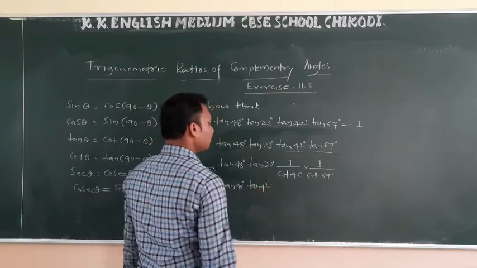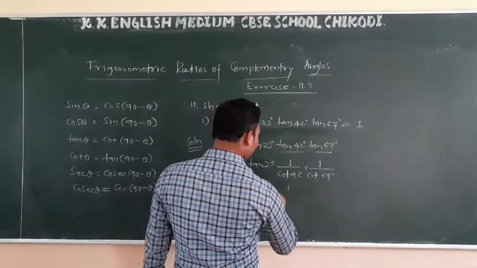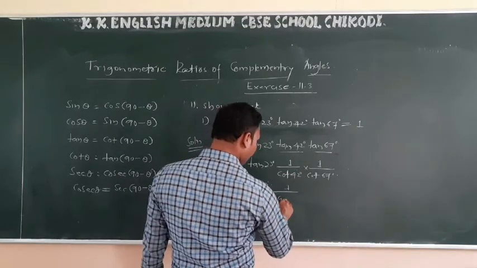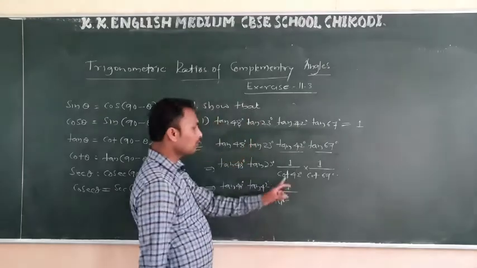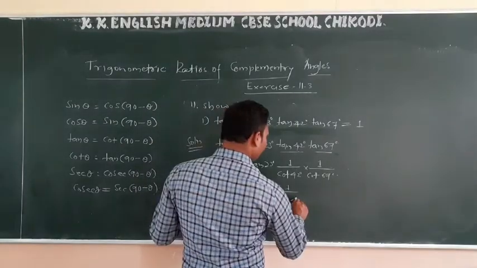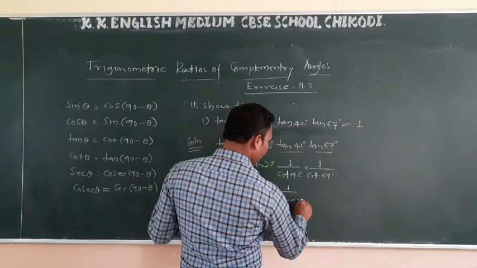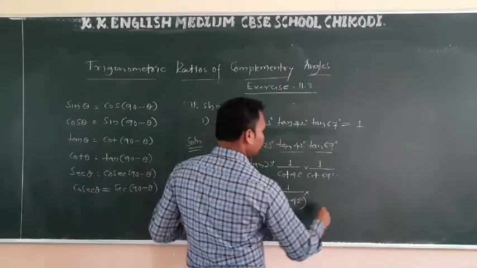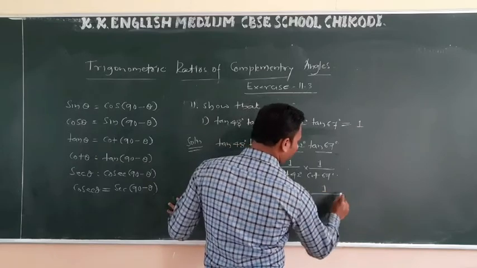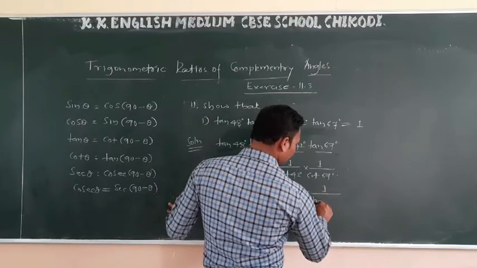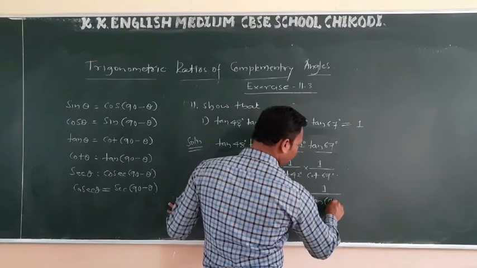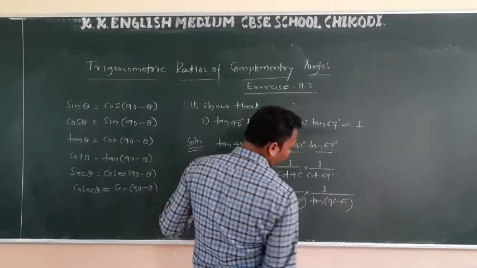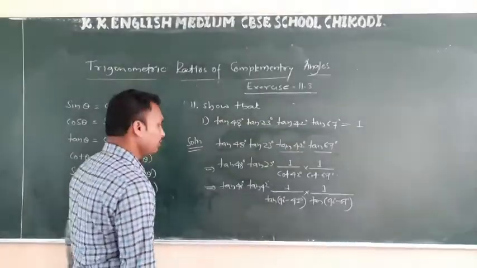Now convert these two things. So 1 divided by tan of 42 becomes 1 divided by tan of 90 minus 42 degree, into again 1 divided by tan of 90 degree minus 67.